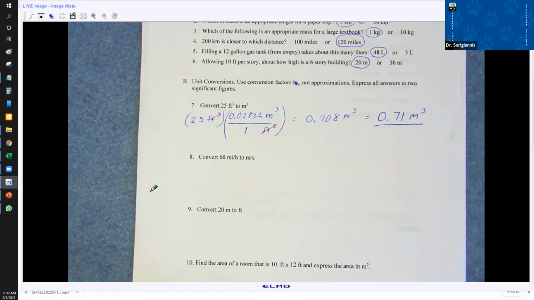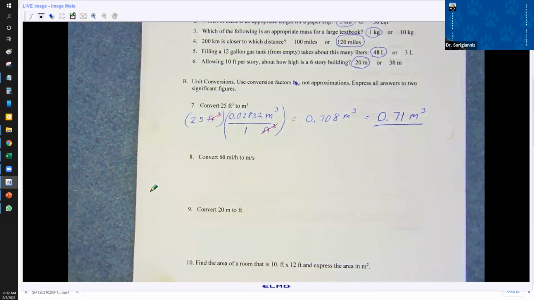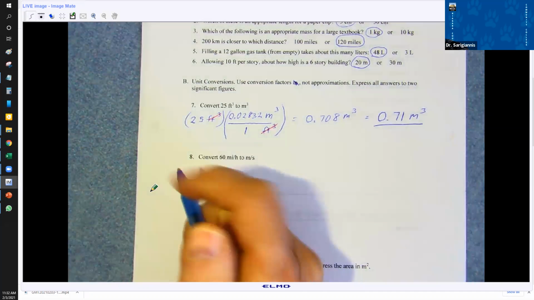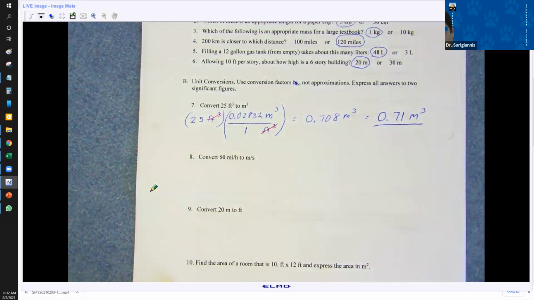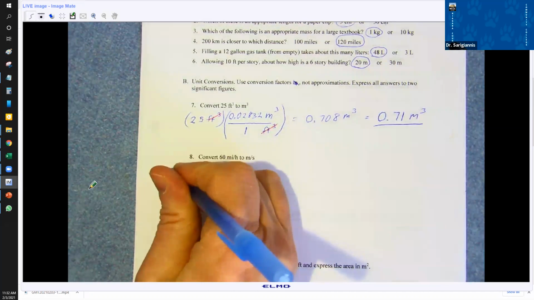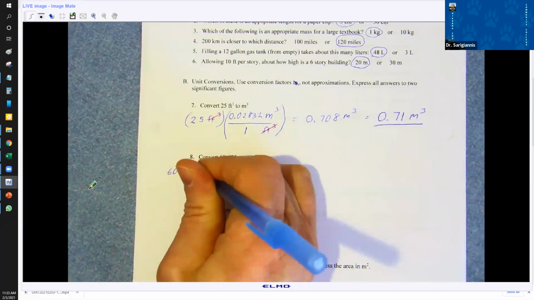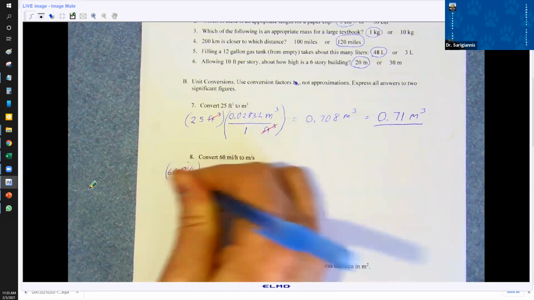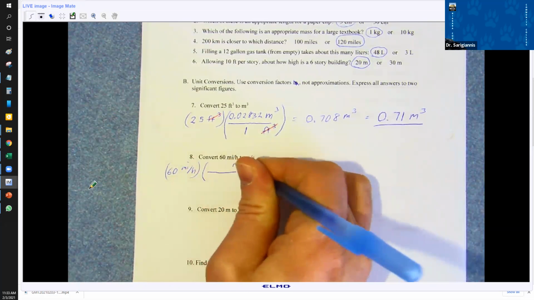All right, let's see if I've saved myself enough space for this next one. I'm going to write this one kind of small because I want to show you two ways of doing this. We want to convert 60 miles per hour to meters per second. Based on our generic conversion formula, we have 60 miles an hour. This is our original measurement, miles per hour, and we want meters per second.